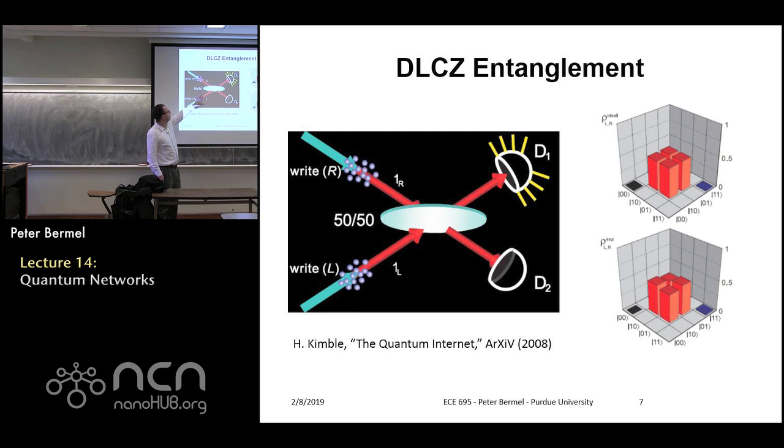Basically, you have four possible paths when two beams come in this direction. The mode where you reflect here and reflect here, and the mode where you transmit here and transmit here, these two cancel each other. That creates a quantum entanglement between these left and right modes.